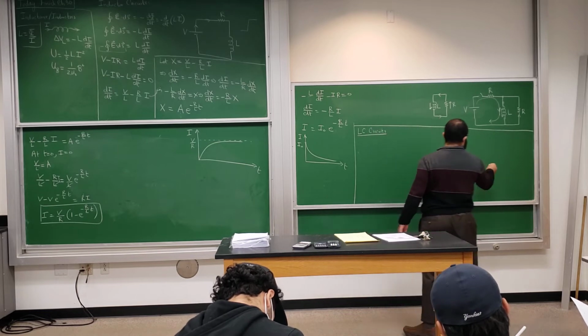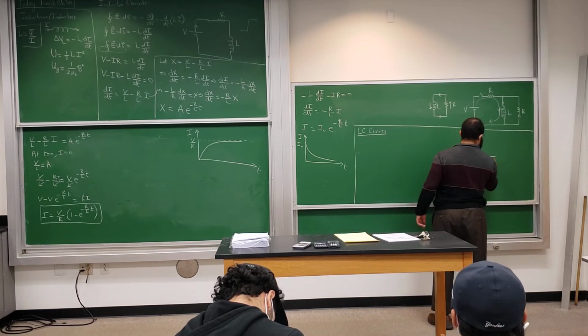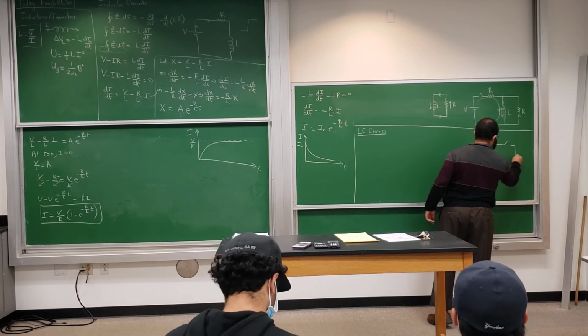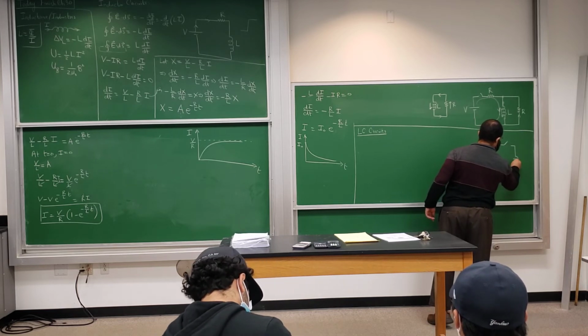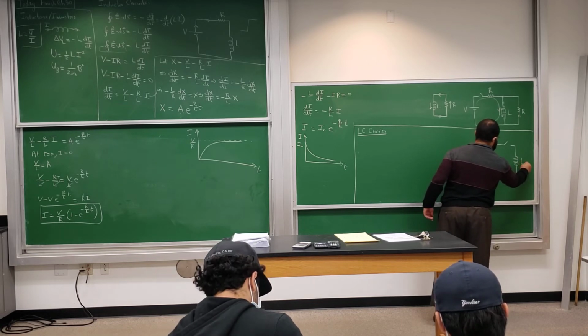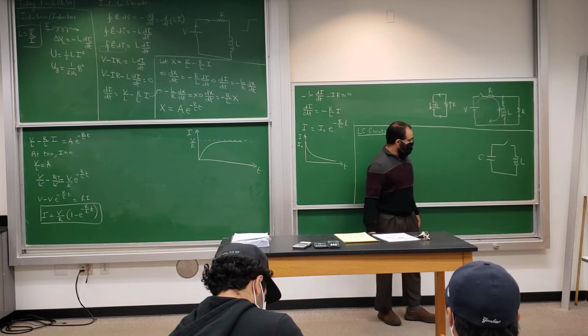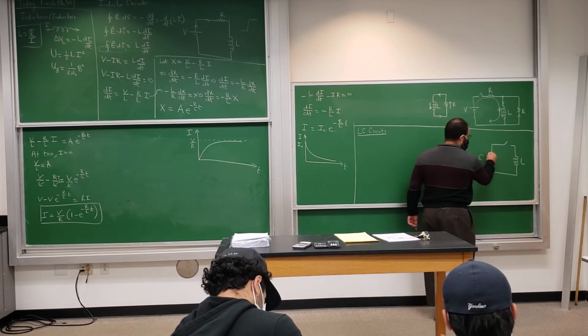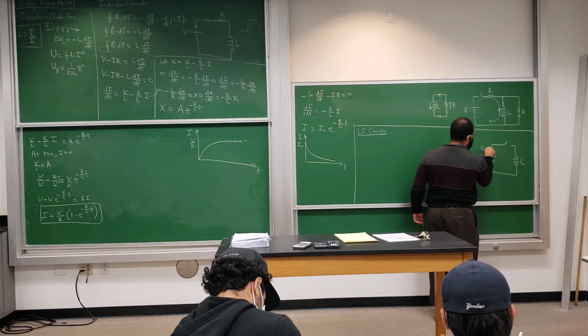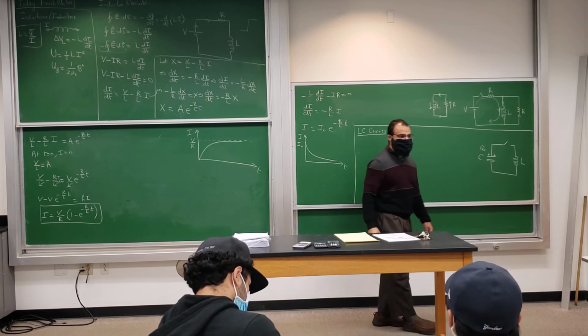Here's what we're going to have: a capacitor, a switch, and an inductor, C and then L. Initially, the capacitor is charged. It has a charge Q0. That's the charge of the capacitor.